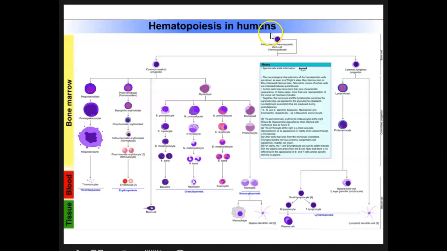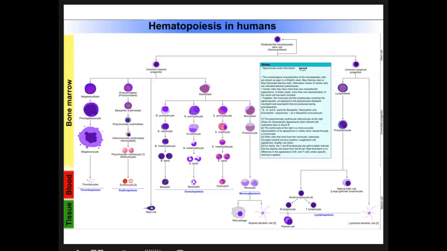This hematopoietic stem cell at the top, that's a stem cell, and a stem cell has the potential to become any cell in the body. It depends on the exposure to different cytokines, which are chemicals released by cells. So the pathway or the cell that a stem cell develops into depends on the chemical messengers present.